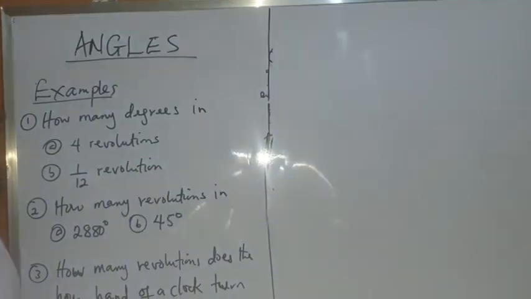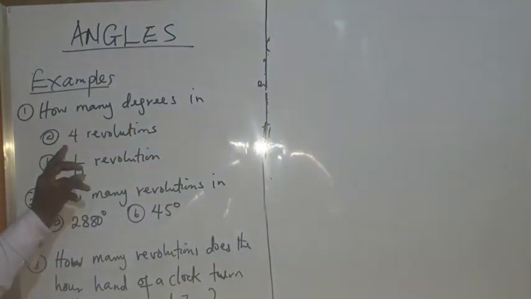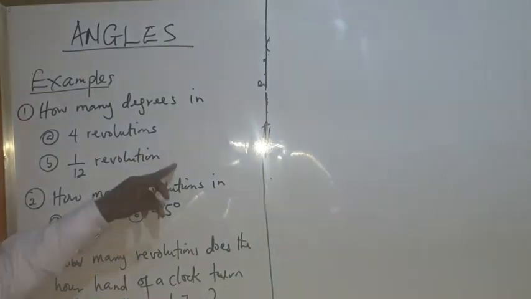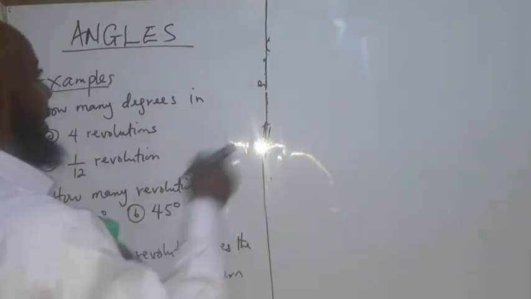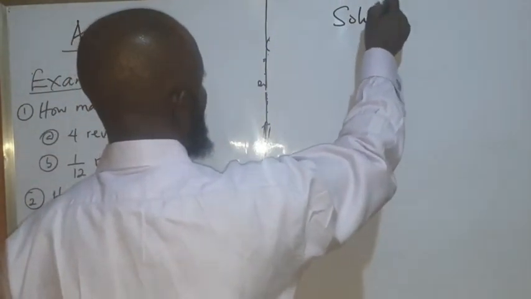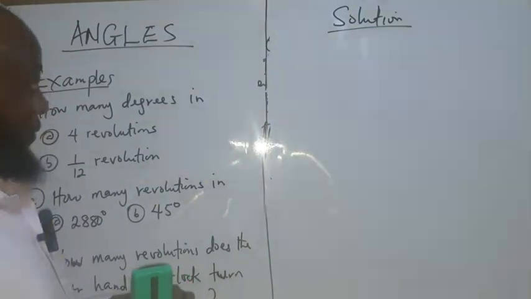Alright, before we proceed to the next subtopic, let's look at these examples. We have the first one. How many degrees do we have in 4 revolutions, and 1/12 revolution? Don't forget that in the previous solution, I said a revolution is 360 degrees.